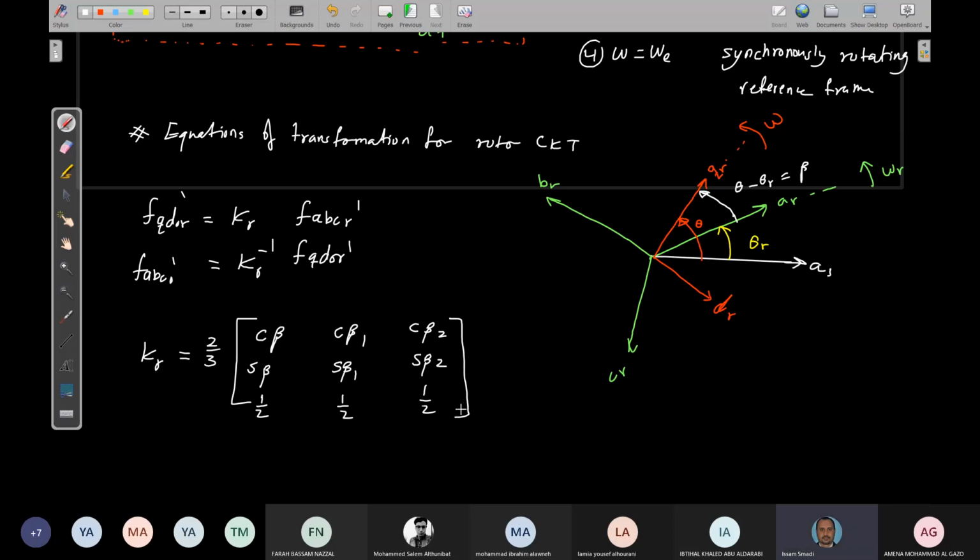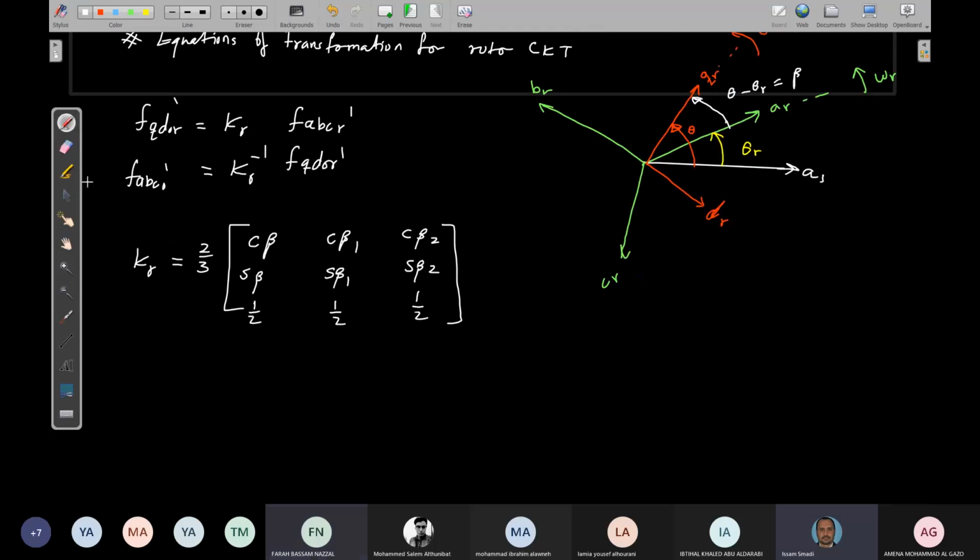What about KR inverse? It is the same thing. Simply, KR inverse is equal to KS inverse with theta replaced by beta.